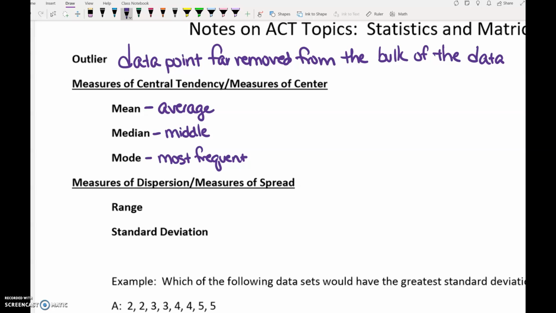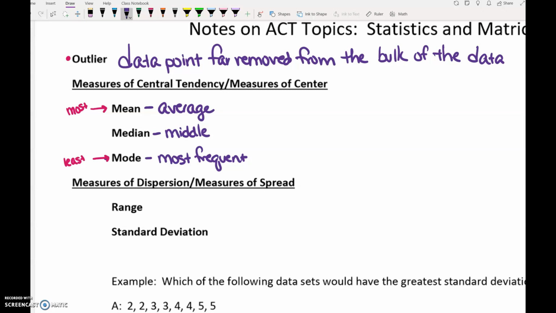Which of those do you think would be the least affected by removing an outlier? If we removed an outlier, the mean would be affected the most, and the mode would be affected the least.